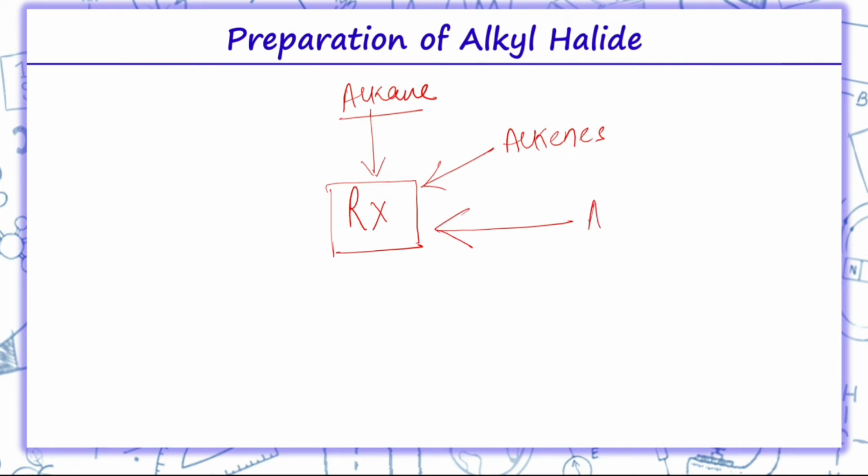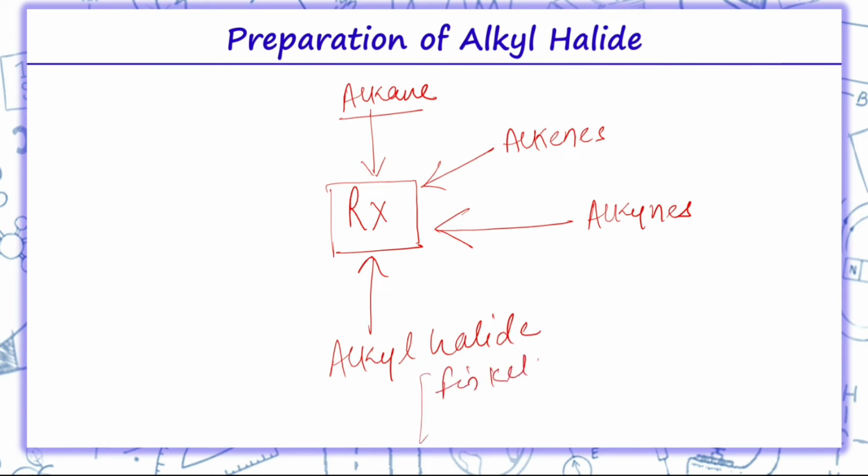We can prepare alkyl halides from alkynes also, that is the addition of halogens and addition of HX. We can prepare alkyl halides from alkyl halides, which is known as halogen exchange method. In the halogen exchange method we have two, one is Finkelstein reaction and the other one is Schwarz reaction.